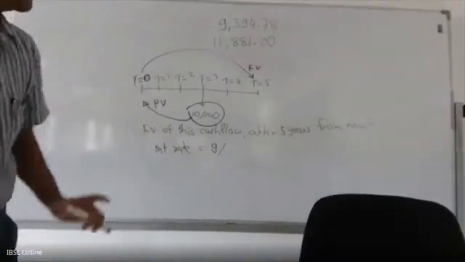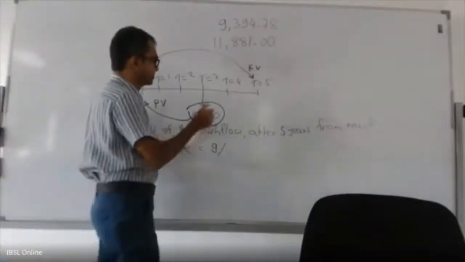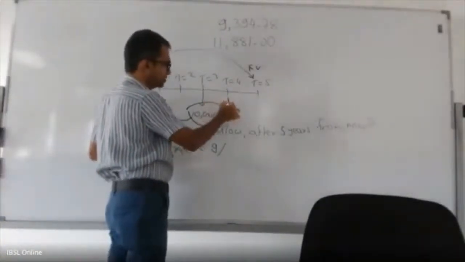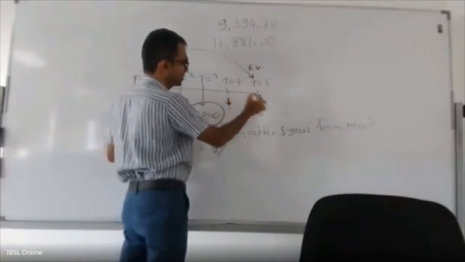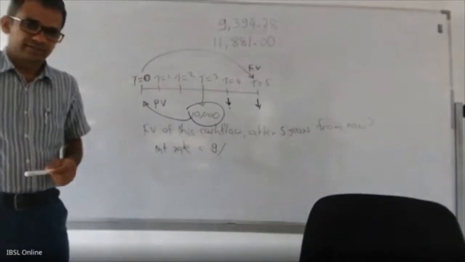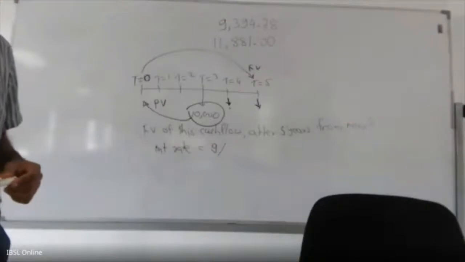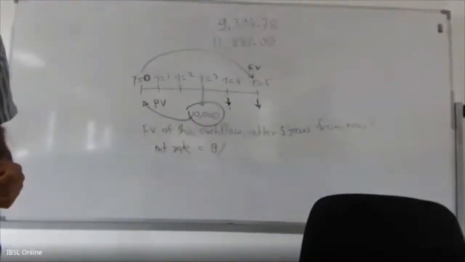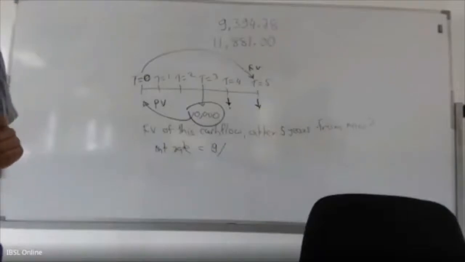First, you calculate for the end of the fourth year. Then after calculating that, go to the fifth year. So what do you mean? Calculate the future value at this point and use that to calculate the future value at this point. Is it your answer? Yes. Okay. Any other methods?